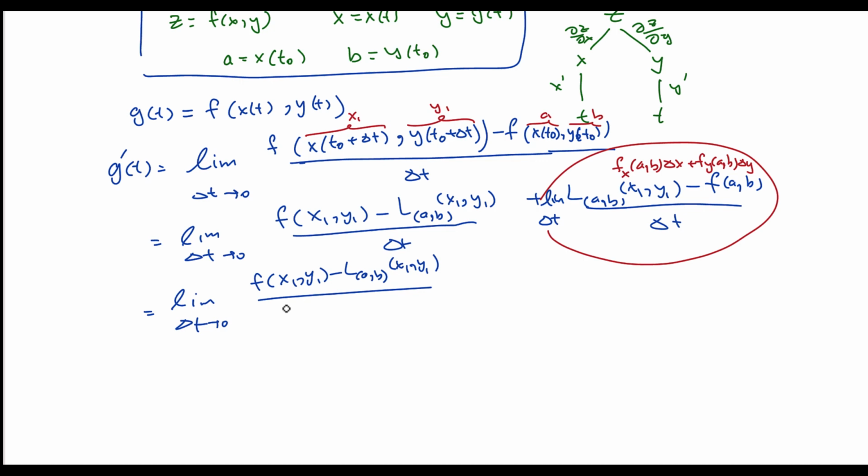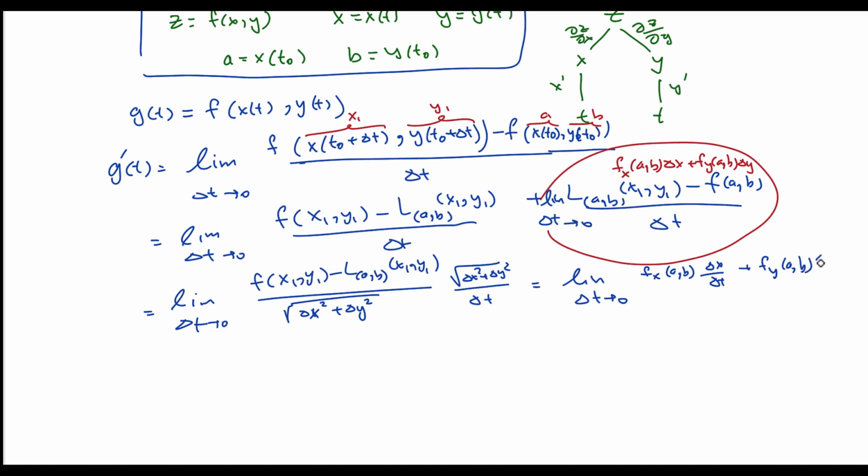So the distance is just the square root of delta x to power 2 plus delta y to power 2, divided by delta t. And we decided to write that as it is. Limit as delta t goes to 0 of f sub x at a and b times delta x over delta t plus f sub y at a and b times delta y over delta t.